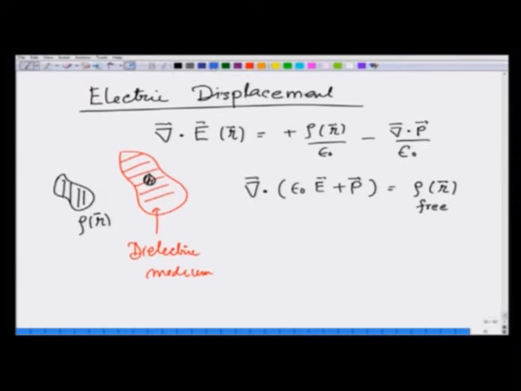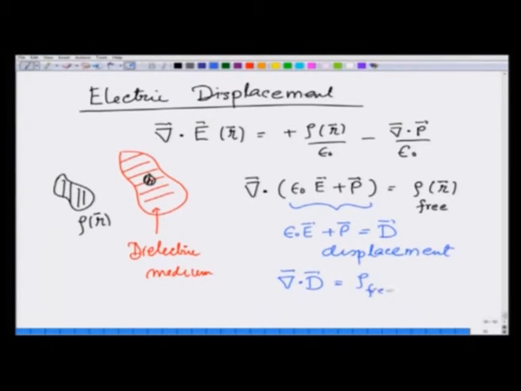And this quantity in brackets, epsilon 0 E plus P, I am going to call D or displacement. And this satisfies the differential equation that divergence of displacement is equal to rho free. If you like, this is the Gauss's law for D.